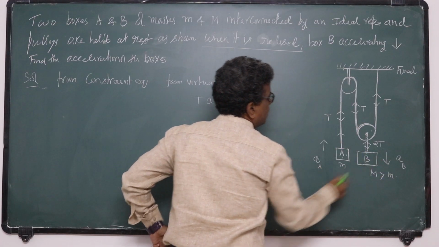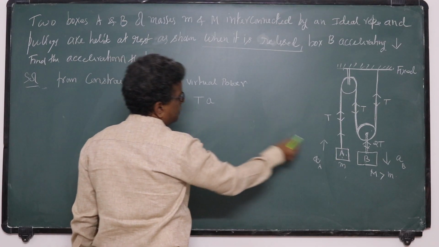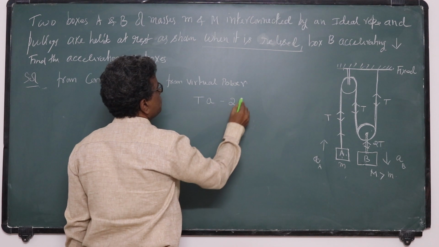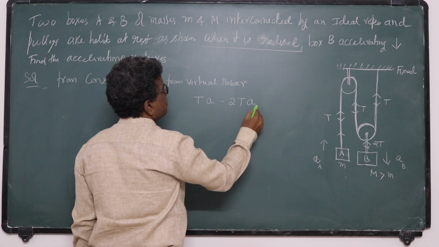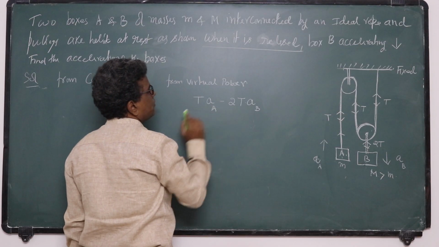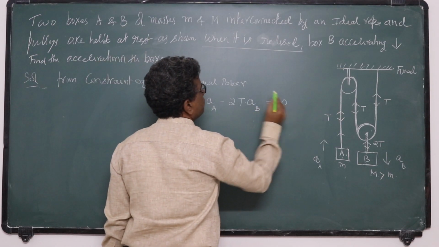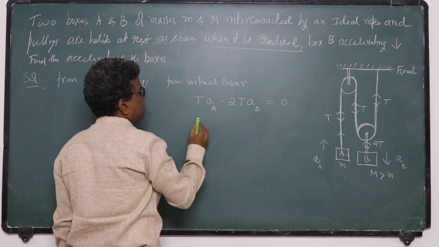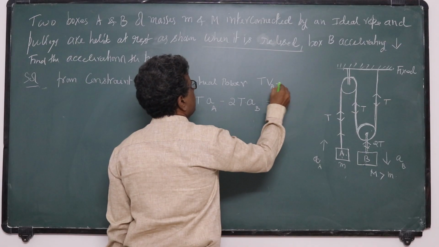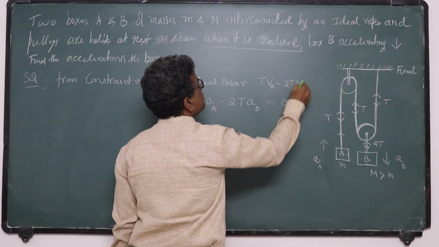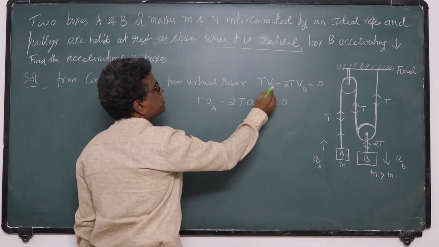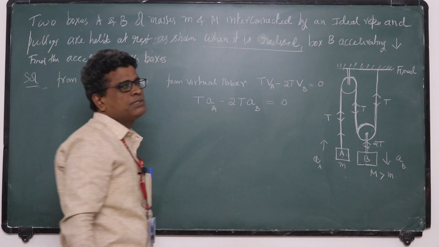So 2T and A are in opposite directions, so it is 2T into acceleration of B. This should be 0. So actually we have to write T into velocity of A minus 2T into velocity of B is equal to 0, because force into velocity becomes power.